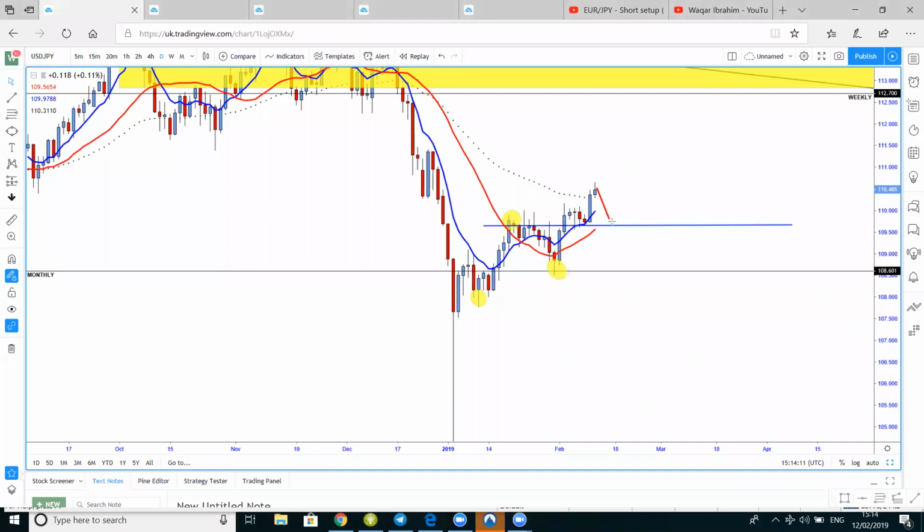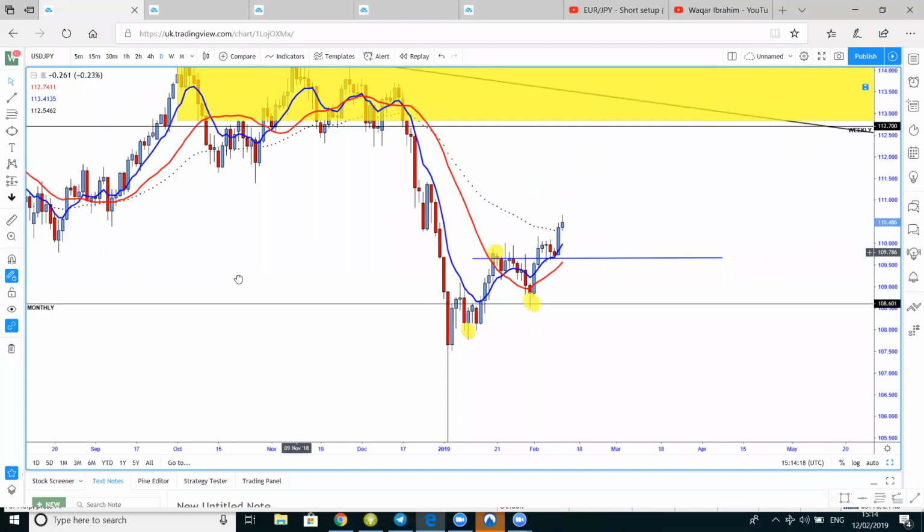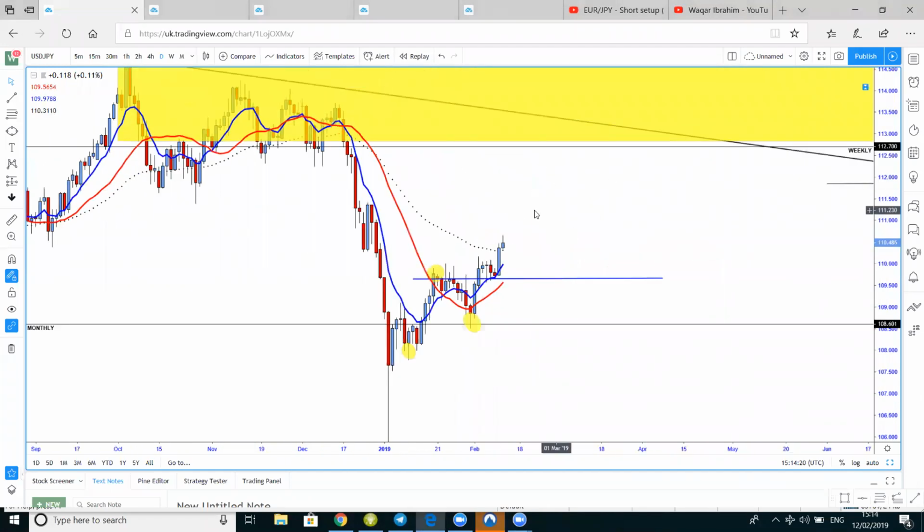It can carry on. So right now we are in the retracement move, but it will be interesting to see how the price acts around these levels. And if I see the sellers entering into the market and price forms a lower high formation, then I will be looking for a selling opportunity.